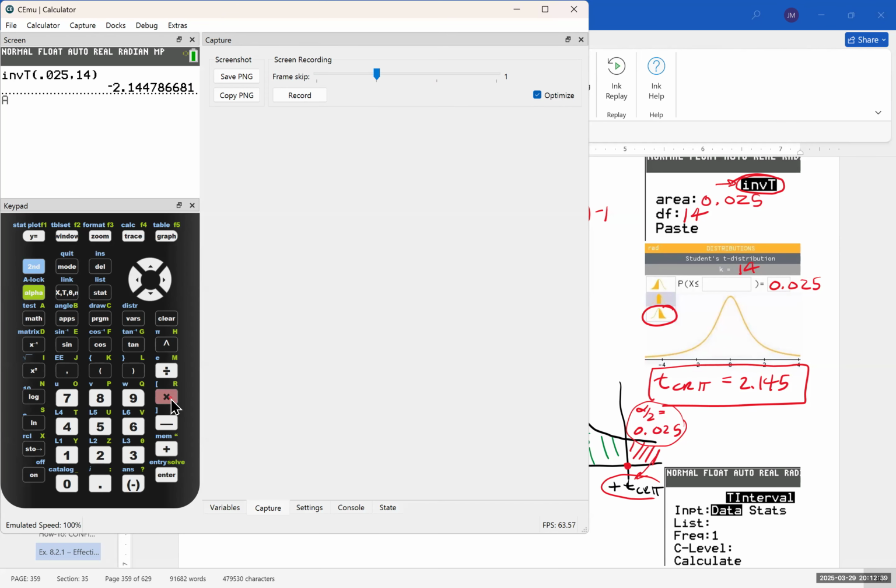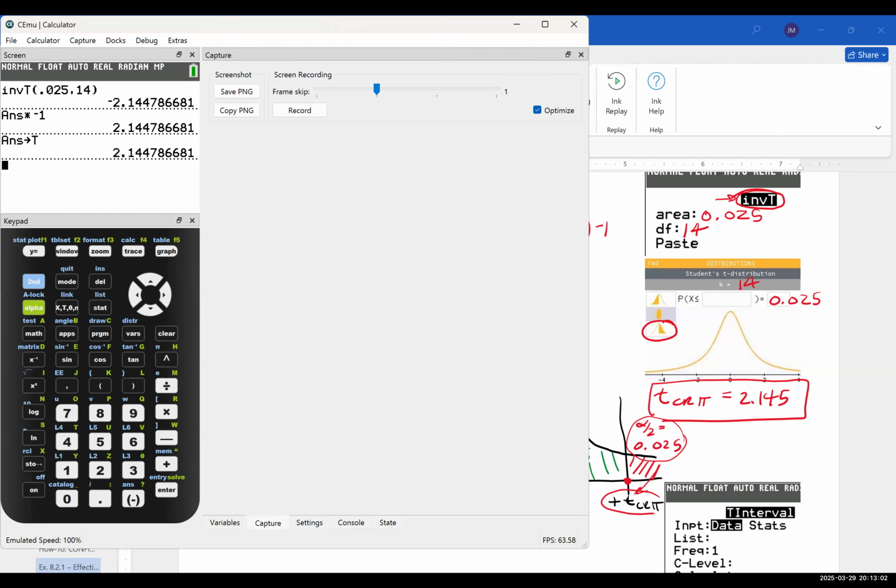So I'm going to multiply this by -1. Okay, that'll make it positive, and I'm going to store this in the letter T. So store, and then hit alpha, and then 4. That'll give us a capital T, and hit enter. All right, that's stored there.